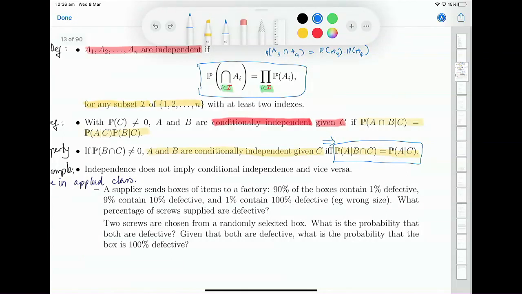One thing is, does this probability make sense? Is it well defined? Can we define the probability of A given C in this case?